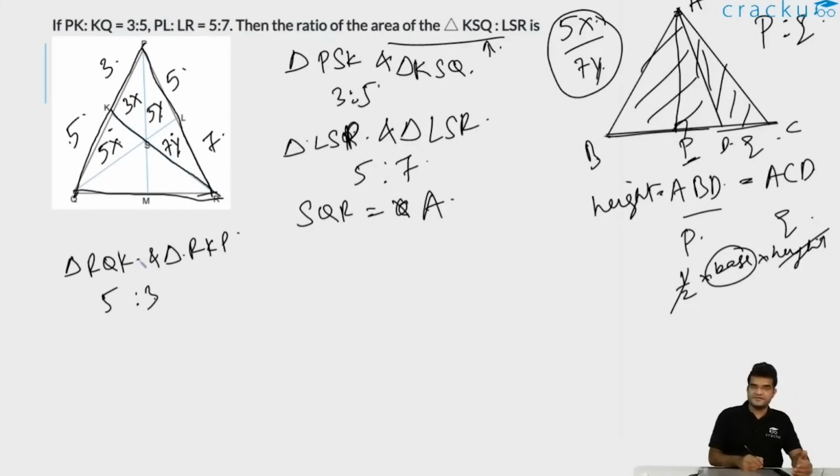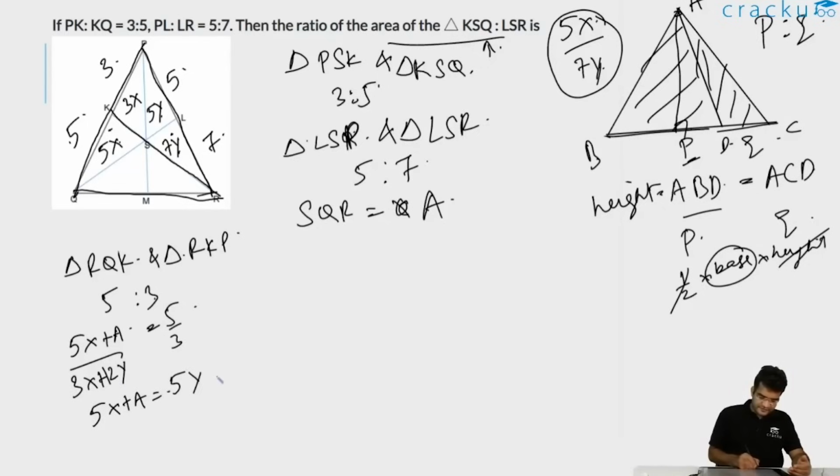So the area of RQK over the area of RKP is (5x plus A) divided by (3x plus 12y), and this is equal to 5 by 3. Simplifying, we get 5x plus A is equal to 5x plus 20y. Cancelling 5x, the value of A is equal to 20y.